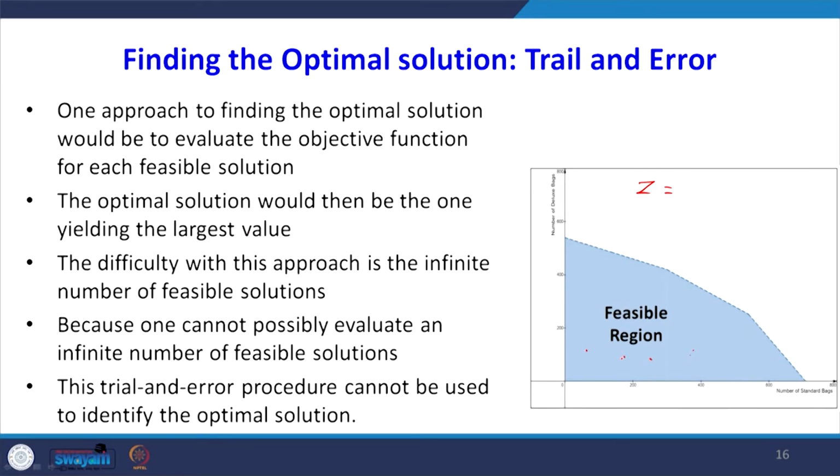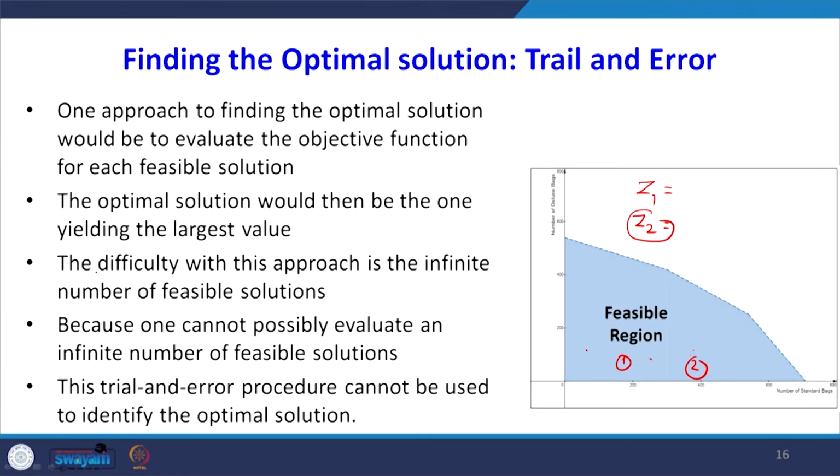Suppose you take this as point number 1, point number 2. You will get Z1, Z2. If Z2 is larger than Z1, because it is a maximization problem, the point corresponding to Z2, say S2 comma D2, may be your optimal solution.